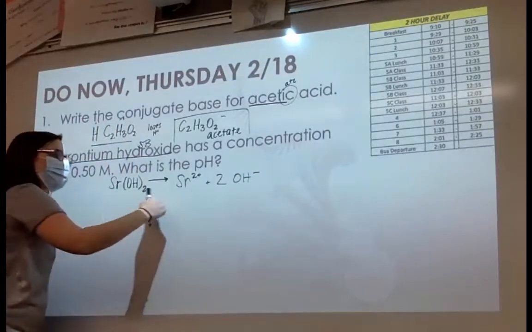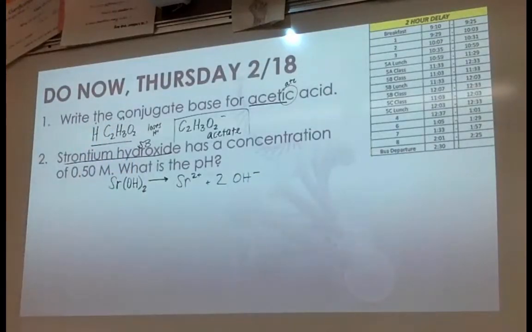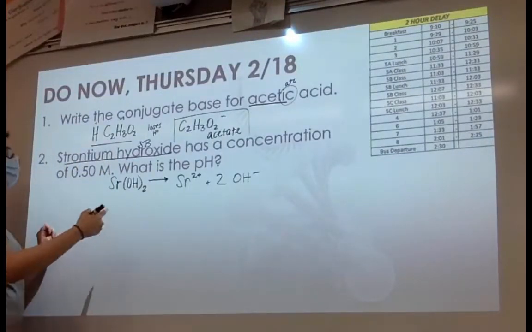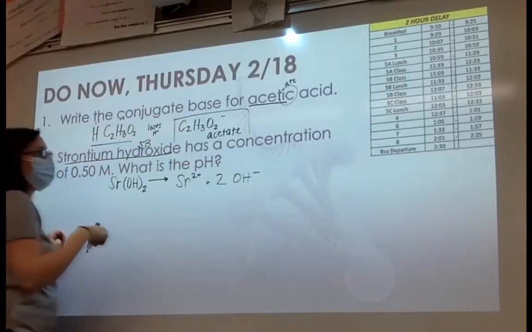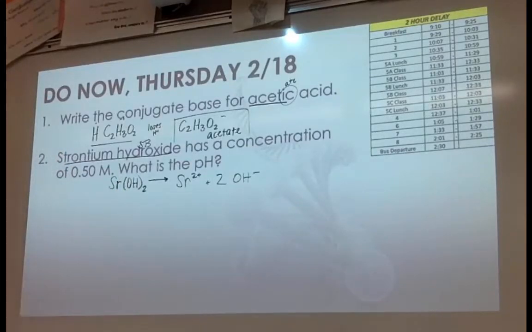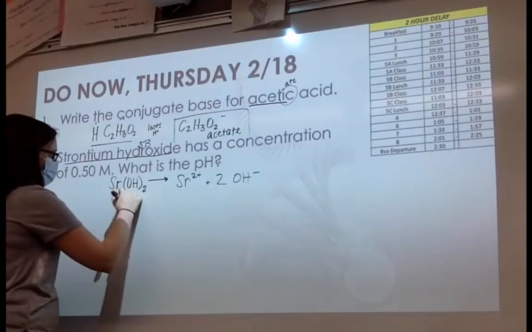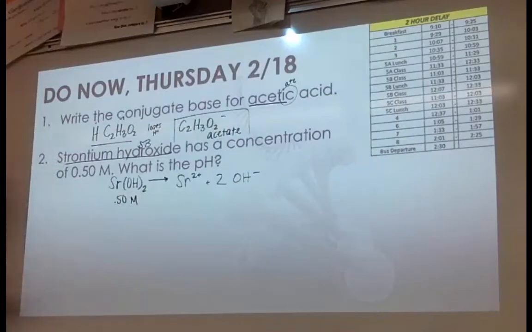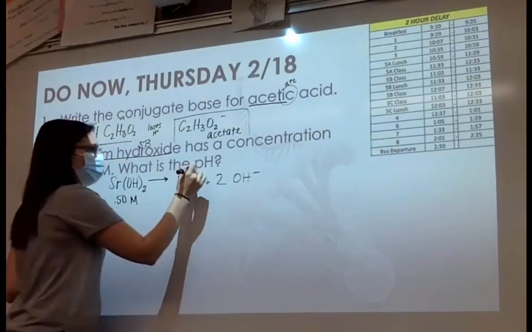This is important as we're looking at anything with acids and bases, or common ion today. It's important that we can label acids, bases, and salts, because anything that is a strong electrolyte, so a strong acid, a strong base, or a soluble salt, will break apart completely. So we have 0.50 molar of strontium hydroxide, and it's asking us to find the pH.